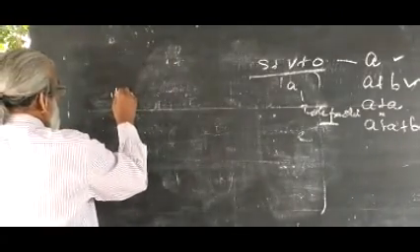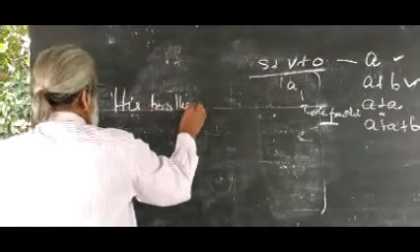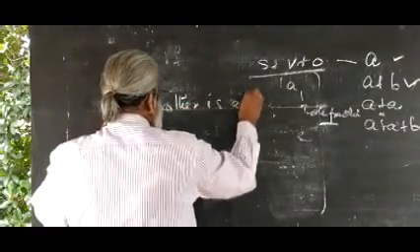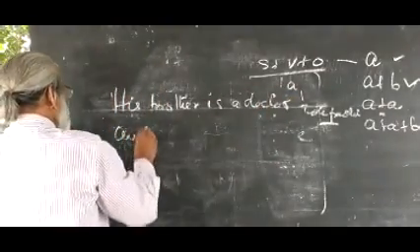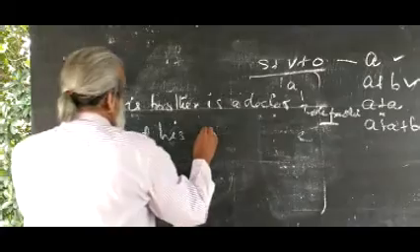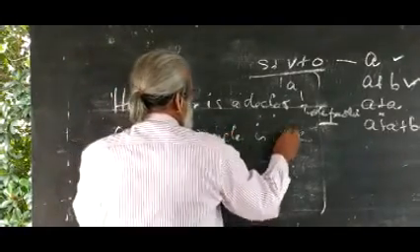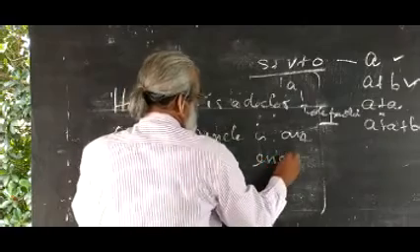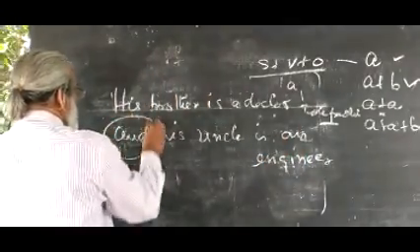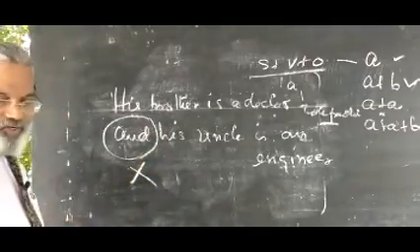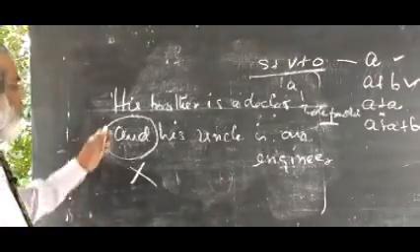For example, his brother is a doctor, and his uncle is an engineer. A simple example I take. Here you use "and", a coordinating conjunction, equal status.